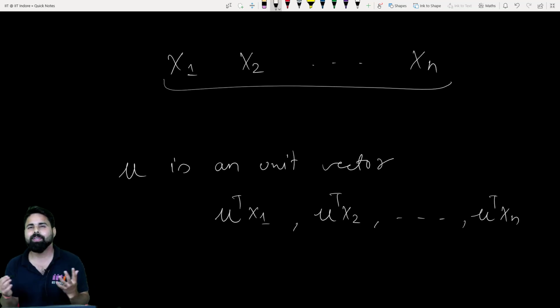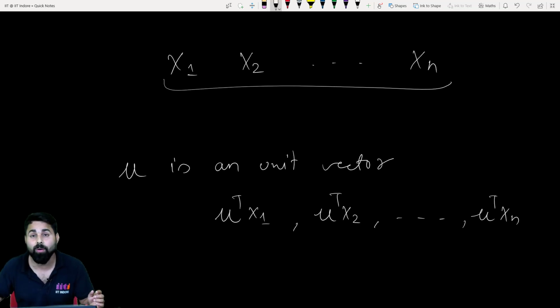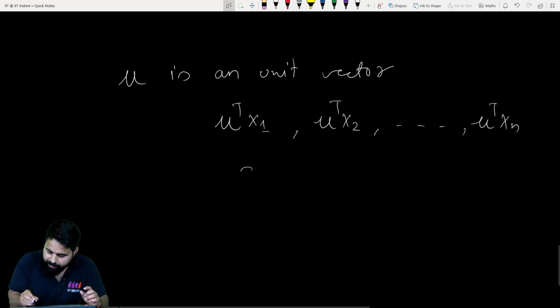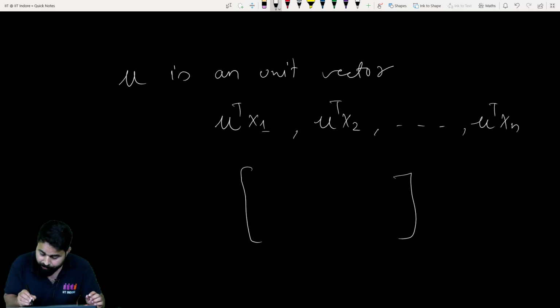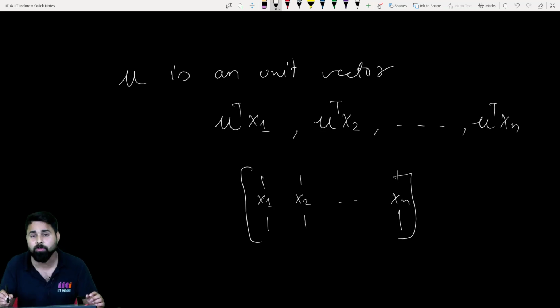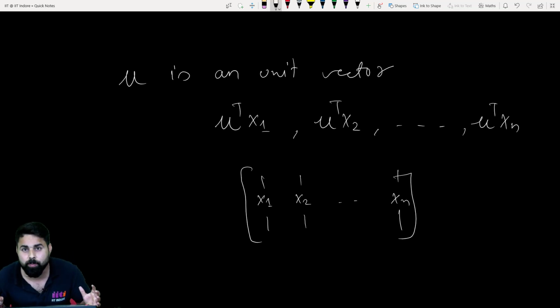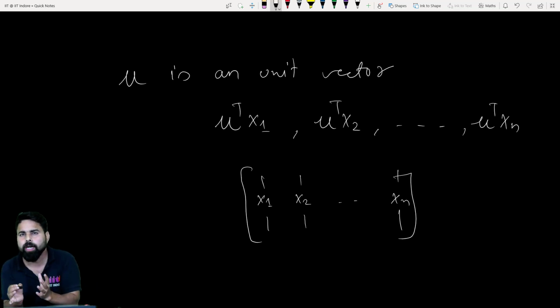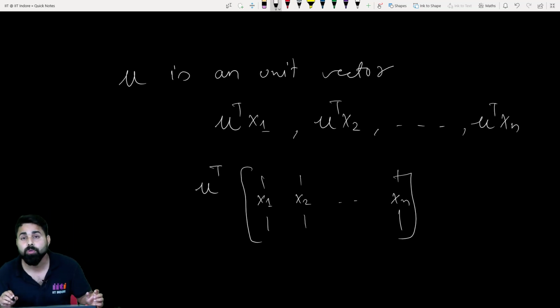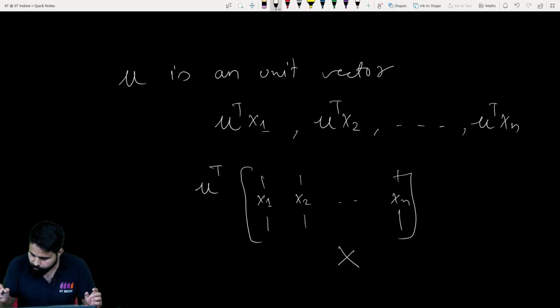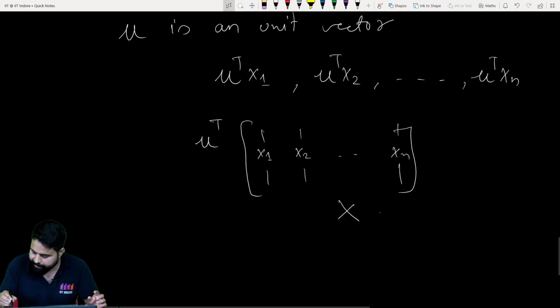And by the way, we can beautifully write this in terms of a matrix also. Suppose your data matrix is this. In the data matrix, you are putting these vectors or data points x1 up to xn, writing each as a column. These are points in your d-dimensional space, and you are projecting these points along u. So you can simply multiply this by u transpose. This matrix is nothing but X, the data matrix.